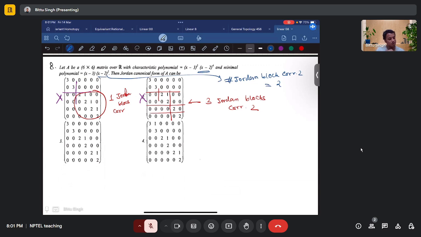So those two satisfy the criteria for 3 and 4. But the number of Jordan blocks corresponding to 3 should be 1, right? So corresponding to 3, this is the only correct option. So option 4 will be correct.